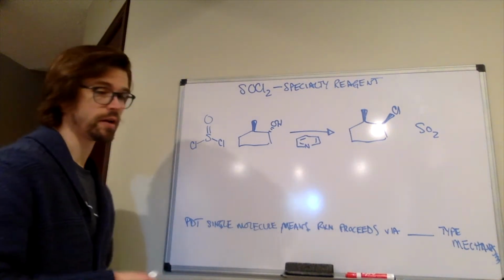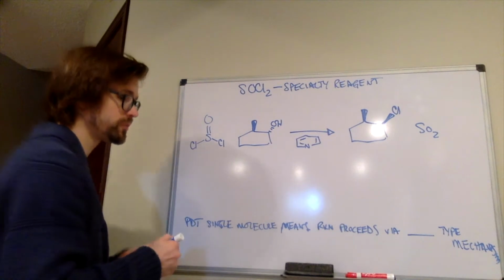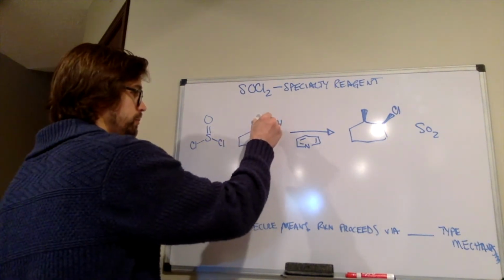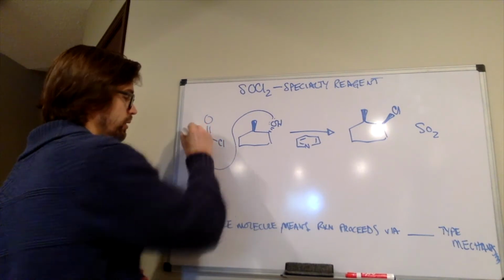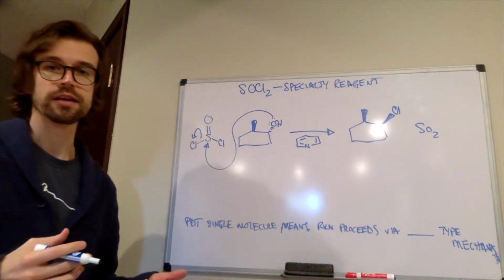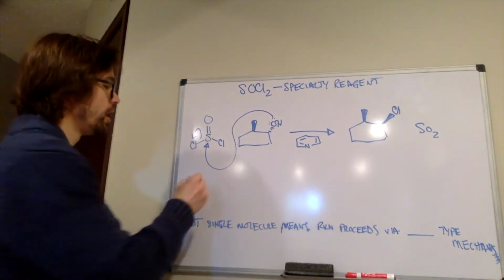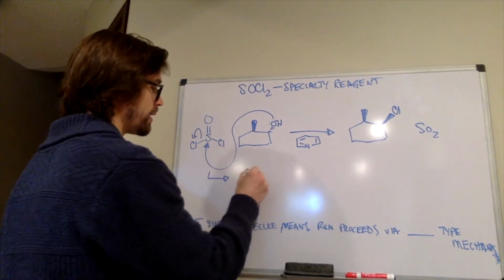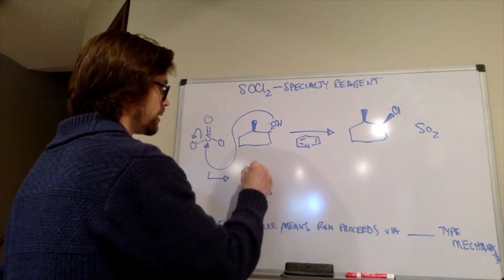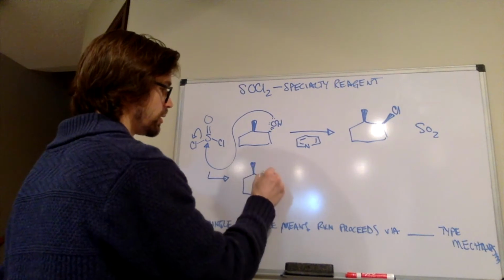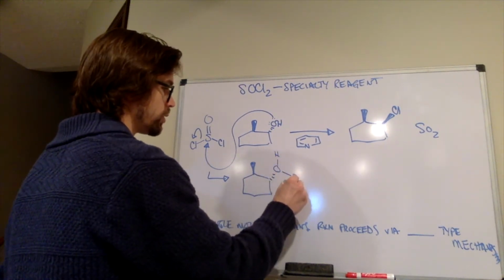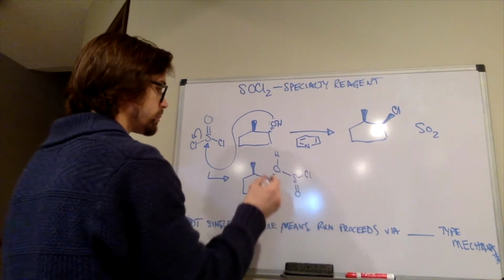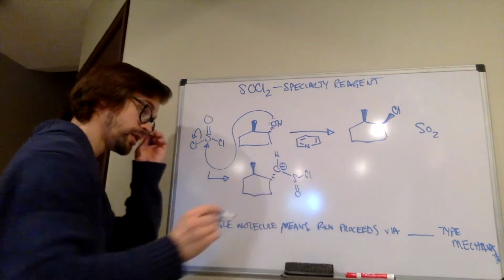Sulfur is the most electron poor, so the oxygen is going to add to that sulfur, and that's going to lead to the chlorine going away. That would provide us with this intermediate here, with the O now bonded to the sulfur, and we have our positive charge there.